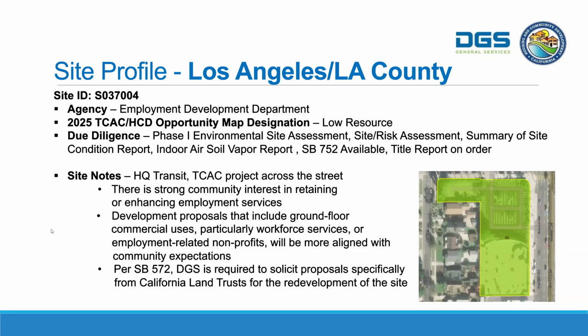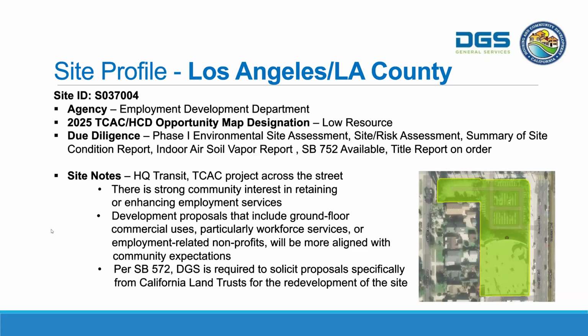It's a low resource designation, but I believe it, again, will score well in TCAC amenity scoring. Due diligence reports are listed there. And here's what I really want to get to, which is the site note, specifically that SB 572 exists, and DGS is required to solicit proposals specifically from California Land Trust for the redevelopment of the site.